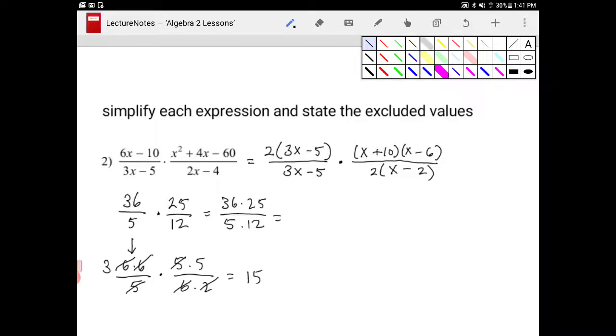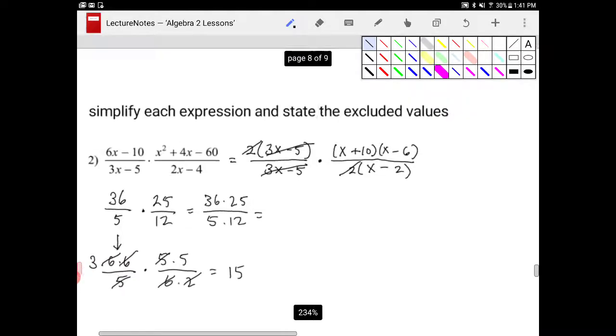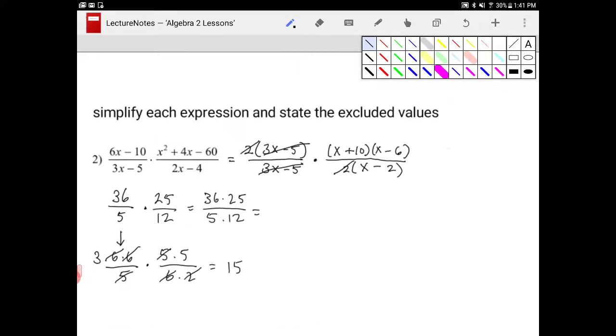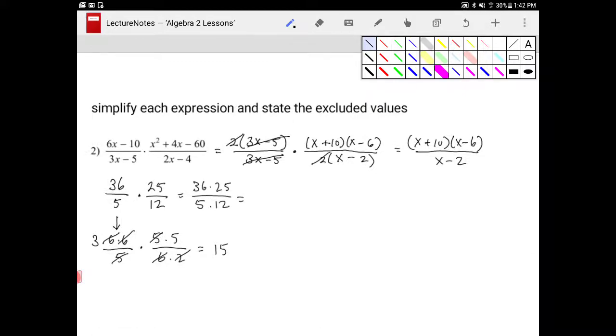Looking at this right now, I notice that the 3x minus 5 cancels with the 3x minus 5. The 2 cancels out with the 2. And I am left with x plus 10 times x minus 6 all over x minus 2. So that product ends up being this.